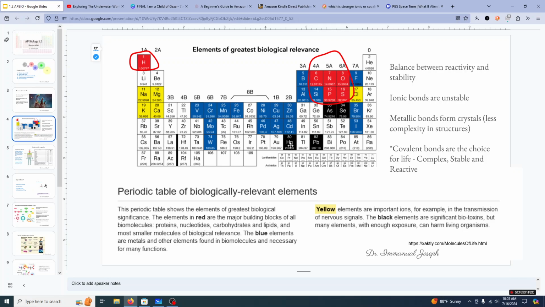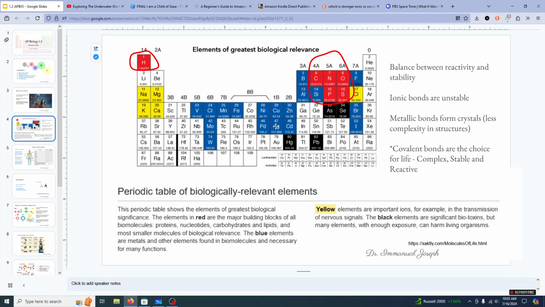In that context, ionic bonds are unstable in the sense that when products form by the breakdown of an ionic molecule, it is very stable, to the point you cannot bring it back to its original composition without too much energy expenditure. It's difficult to bring back.